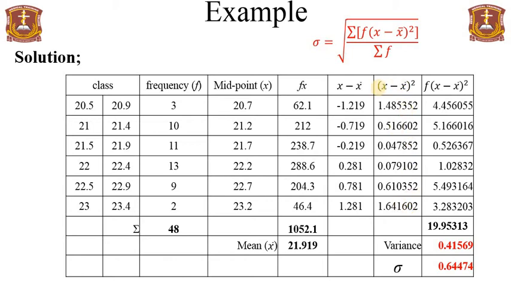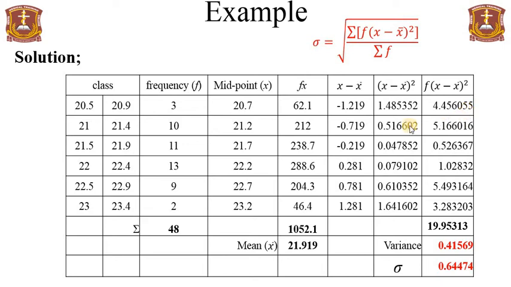After we have found these squares, remember our formula demands that the squares must be multiplied by the corresponding frequency of the classes. So I will take this, multiply by f. In this case we'll take 1.485352 times 3, you get 4.456055.